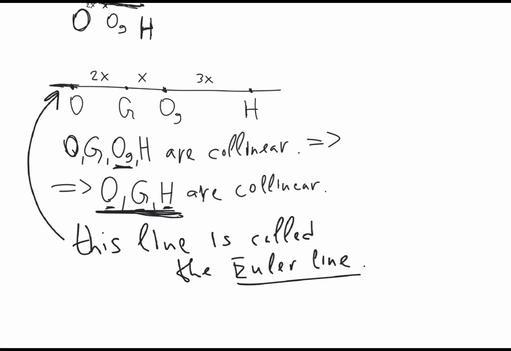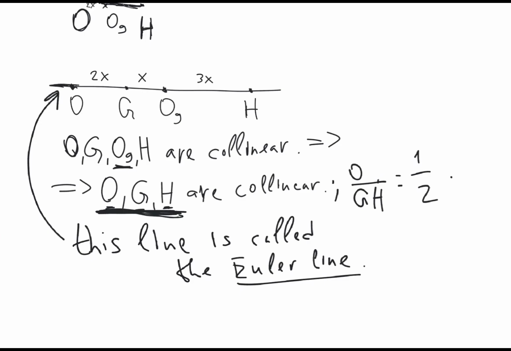And by the way, we not only proved that the 3 points are collinear, but we also proved the ratio. The ratio of OG to GH is equal to 2x to 4x, so this would be 1/2.